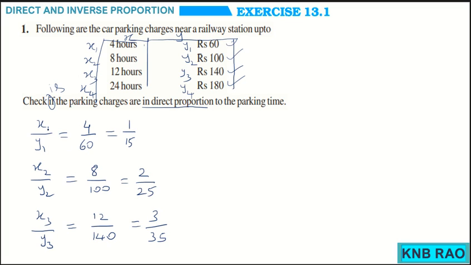Do you find x1 by y1 being not equal to x2 by y2, and that is not equal to x3 by y3? It clearly tells that here x1 by y1, that is corresponding ratio of the variables x and y, are not equal.